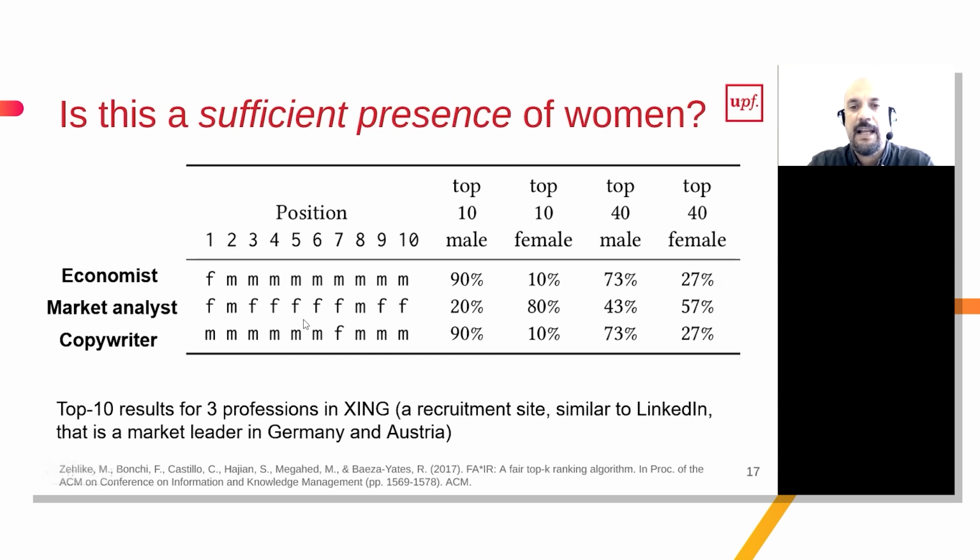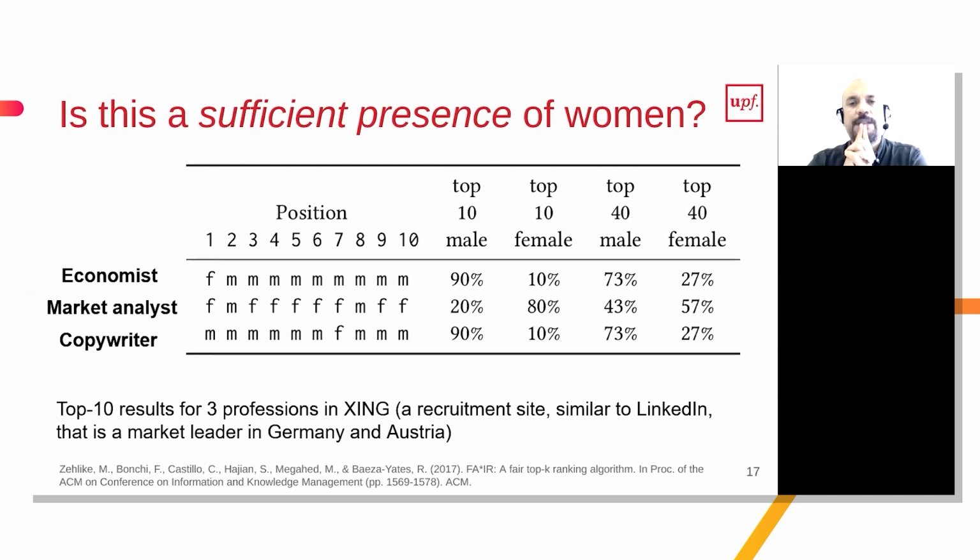If you search for market analyst, in the top 10 results 80% are women, but if you look at the top 40, the results are more balanced. And copywriter is another example where in the top 10 results, 90% are men, but if you look at the top 40 results, then there is a more balanced distribution of men and women.